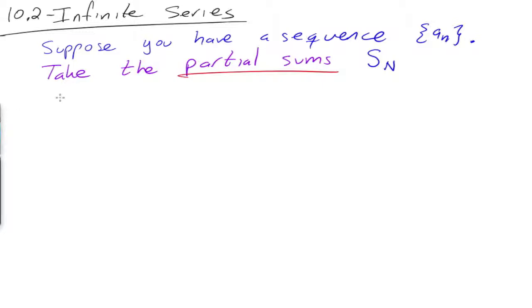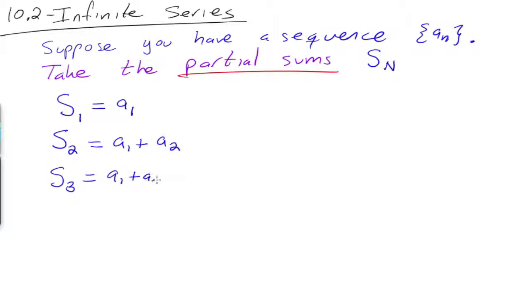So here, for example, S sub 1 would equal A1. S2 is equal to A1 plus A2. So then S3 would equal A1 plus A2 plus A3. Now you can continue going in this manner all the way up to S sub n.